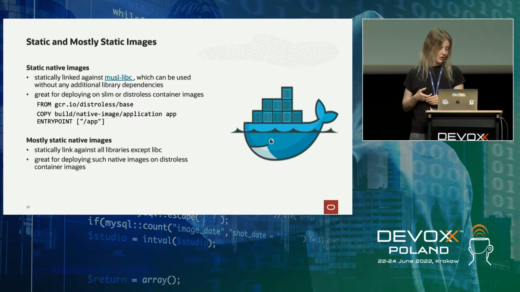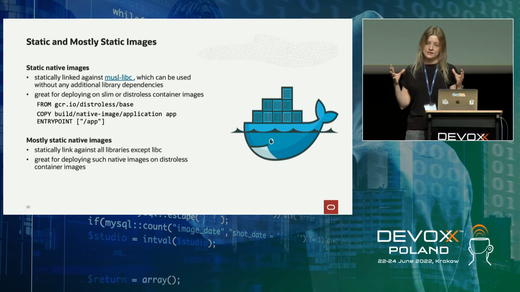And talking about containers and this kind of cloud deployments, there is one more cool thing that you can do with native image, and that is static and mostly static native images. So you can statically link your native image applications against musl libc to make them fully self-contained, and this way you do not need any kind of external dependencies, so they will have all the code that is necessary right in your application, and you can use them on slim, on distroless Docker images.